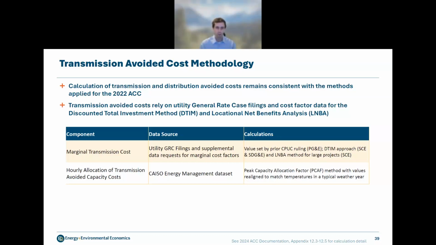I'll walk through these at a very high level on the next slide and then address the final results. The last piece on this table is to allocate the avoided cost values over time. We use peak capacity allocation factors, or PCAFs, which I'll touch on after we go through both the transmission and distribution sections, since a similar method is applied to both.